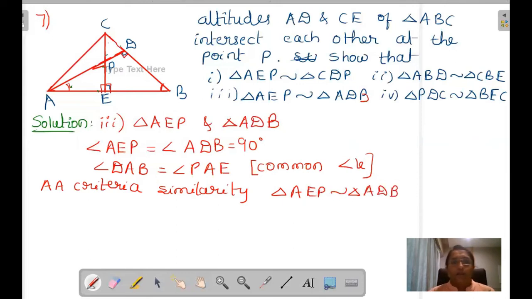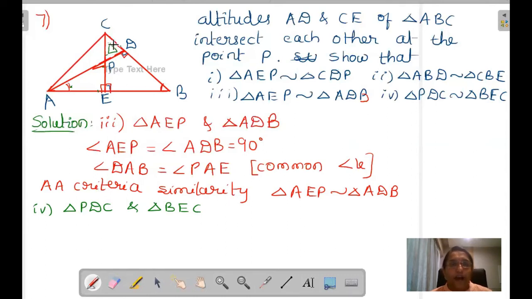Next, the fourth one, the last one, again it is the same: triangle PDC and triangle BEC. PDC means this triangle, BEC means this whole triangle.